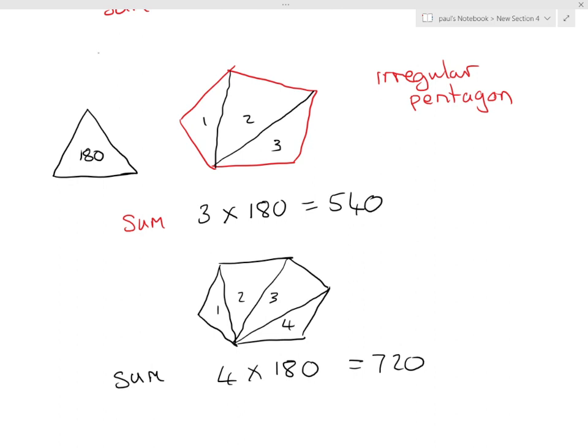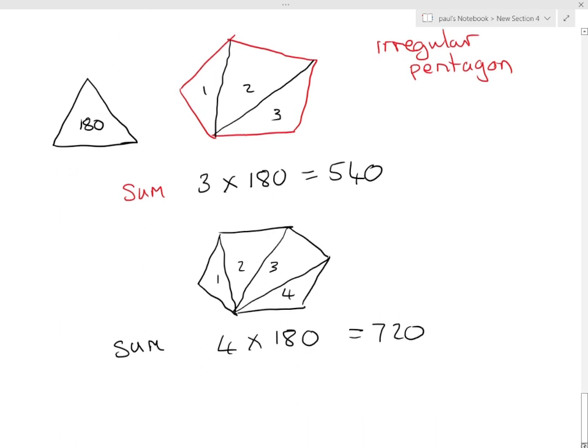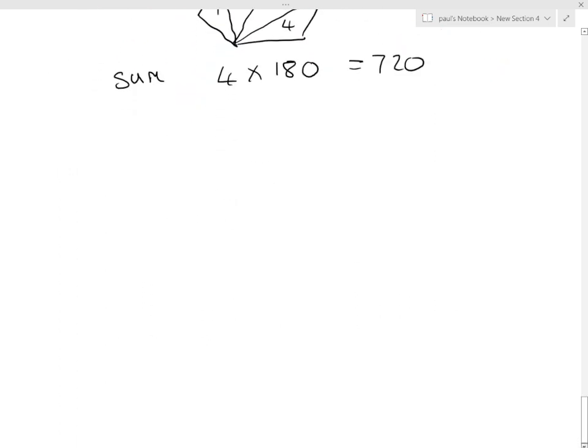Now, this leads us to a pattern. See here, we've got 5 sides and 3 triangles. Here we've got 6 sides and 4 triangles. So let's begin to formulate a little equation, with sides and triangles. A triangle has 3 sides and 1 triangle.